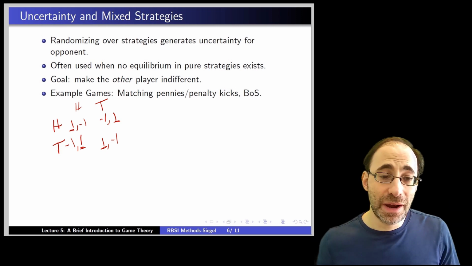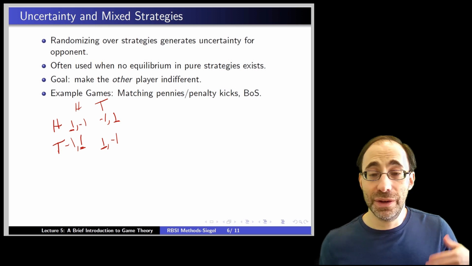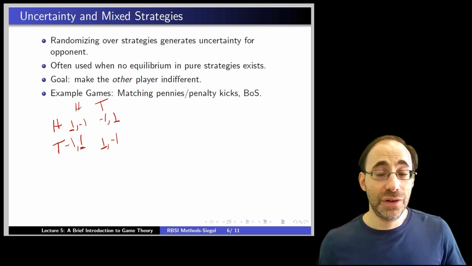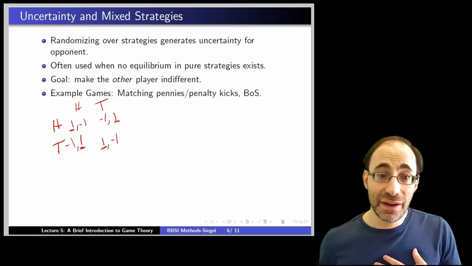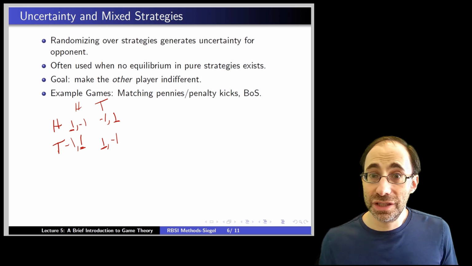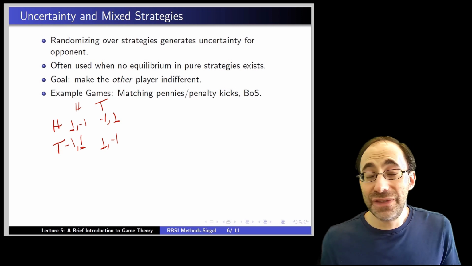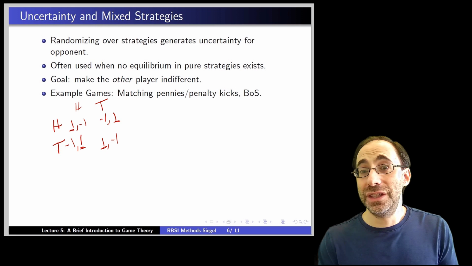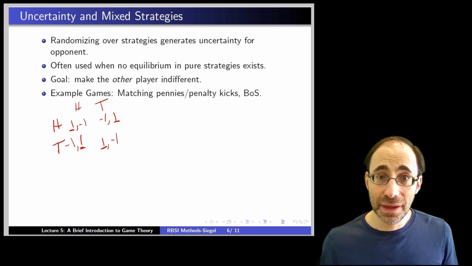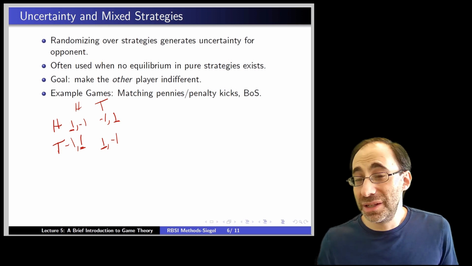Well, if heads is better than tails for me, I'll always choose heads. Or if tails is better, I'll always choose tails. The only chance I have of choosing heads or tails with some probability is if I don't care which one I play. If I'm totally indifferent between playing heads or tails, then I'm fine playing heads sometimes and tails sometimes.